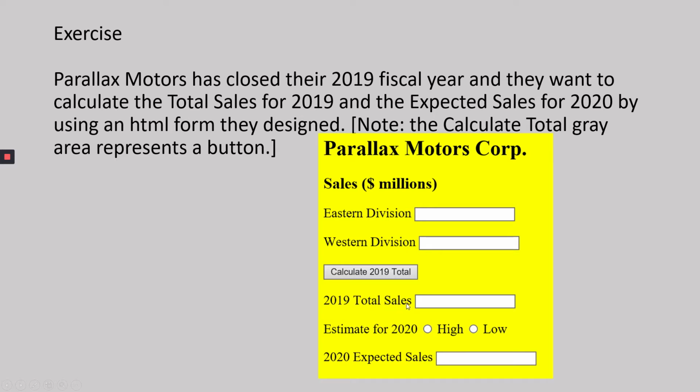We could get the total sales by summing up these two divisions, and we could also have an estimate, which is an expectation for the year 2020. We could get the expected sales by selecting either a high expectation or a low expectation.